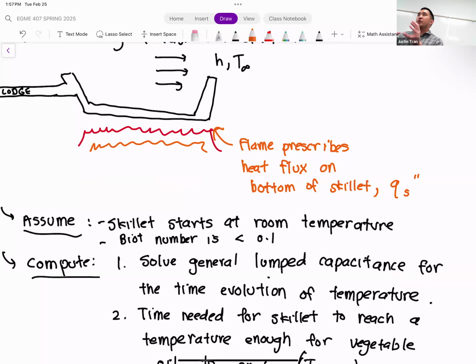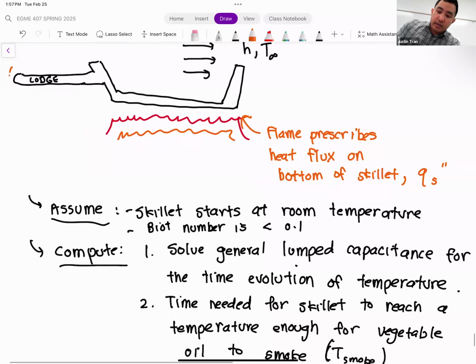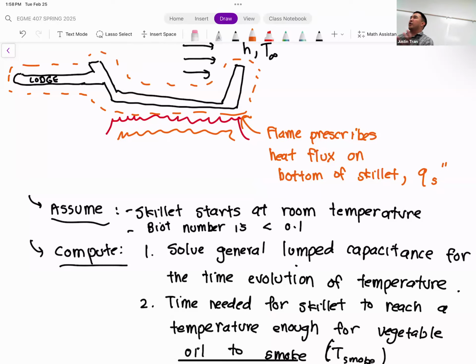In this case, we're considering only the skillet by itself, so our control volume only goes around the skillet itself. We're solving for the temperature of the object, and if we included the flame, we may have to adjust how we consider the temperature itself. Since we're just doing the skillet, we include the flame as a heat flux, not as a thermal production.